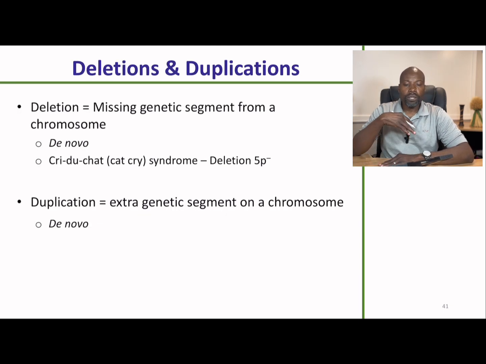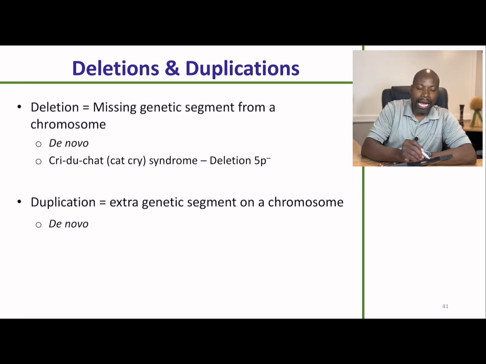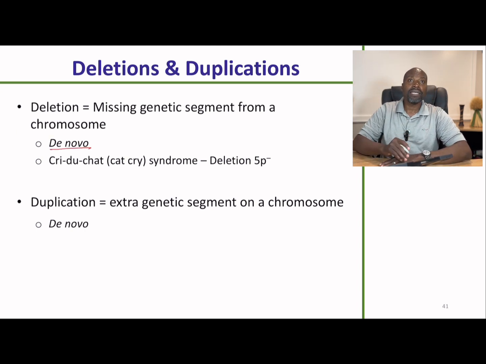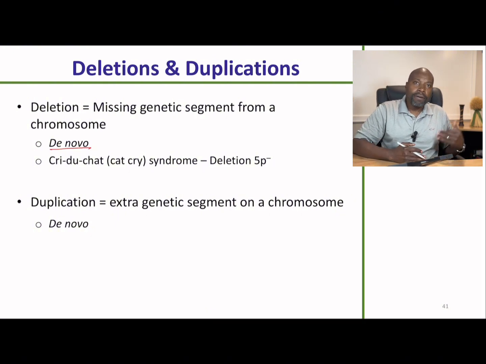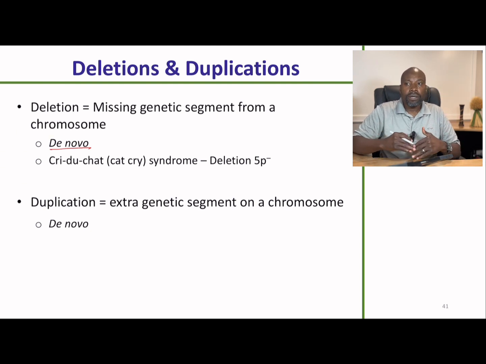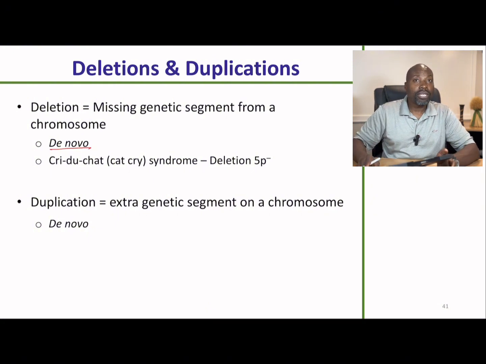Okay, so deletions and duplications. This deletion can happen de novo, meaning it happens and never occurred in the parents, right? But when the gametes are forming, this deletion can occur.